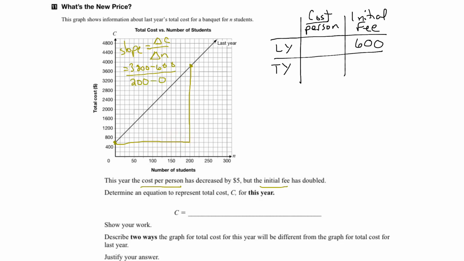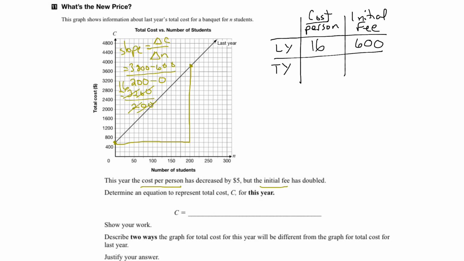So 3,800 minus 600 would be 3,200 divided by 200. And what we can do is we can cancel out the zeros there. 2 goes into itself once, 2 goes into 32 16 times. So therefore, the cost per person from last year was $16.